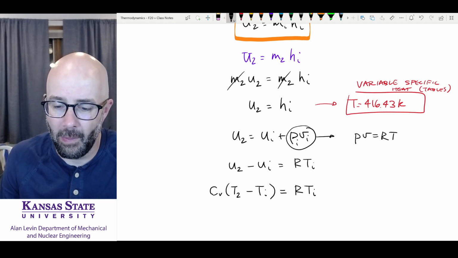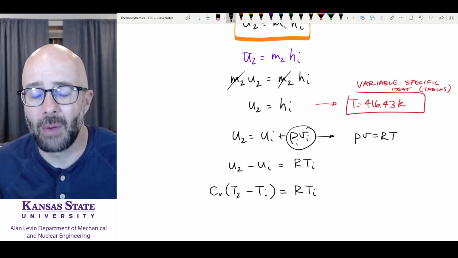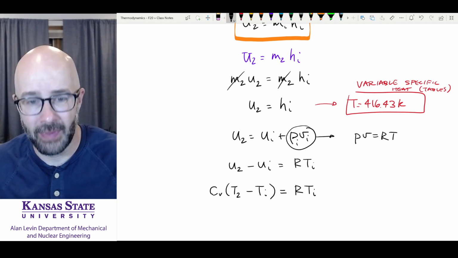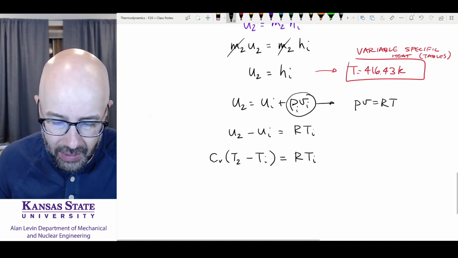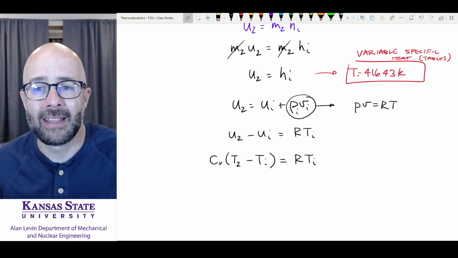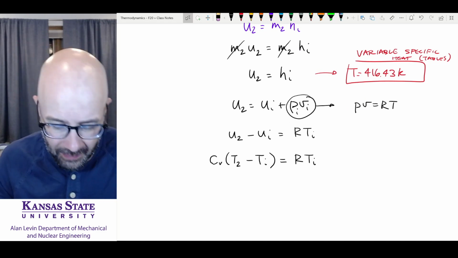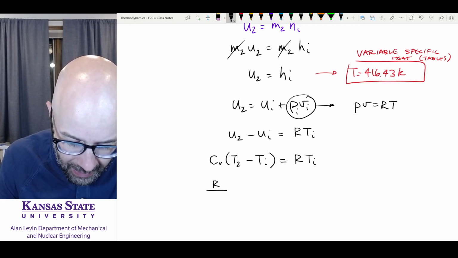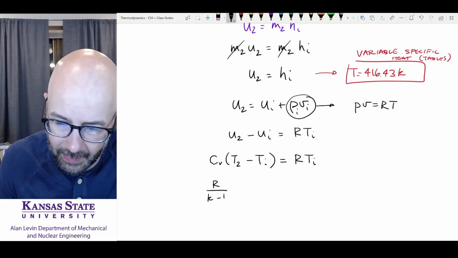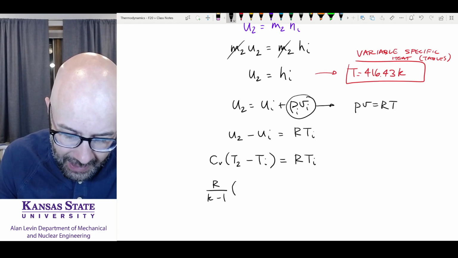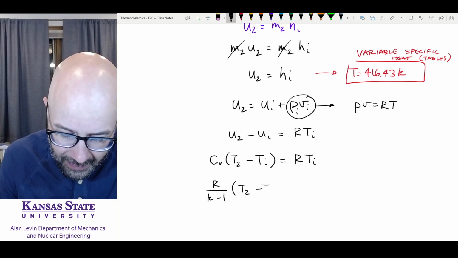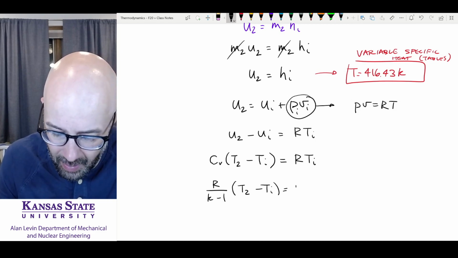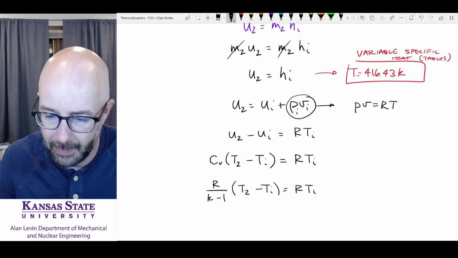Okay? Now, I don't know my C sub V. I was given the value for K. And so remember how I find C sub V with K. C sub V is equal to R all over K minus 1, times T2 minus Tn is equal to R Tn.